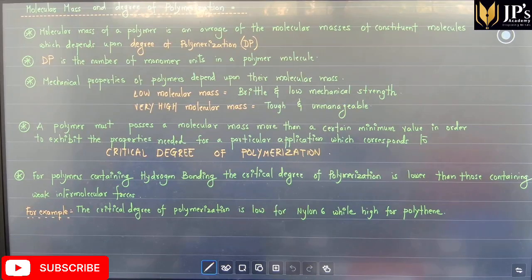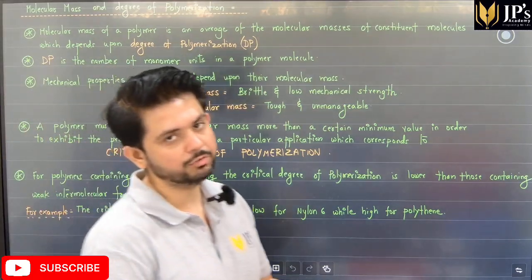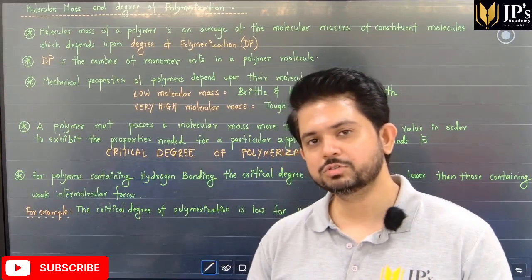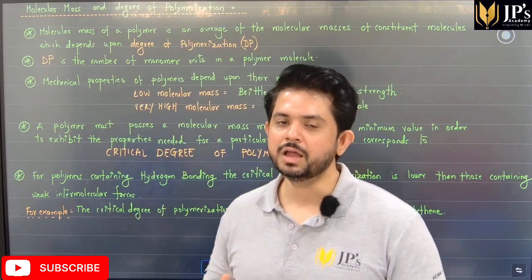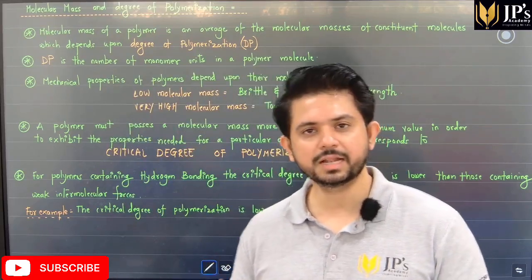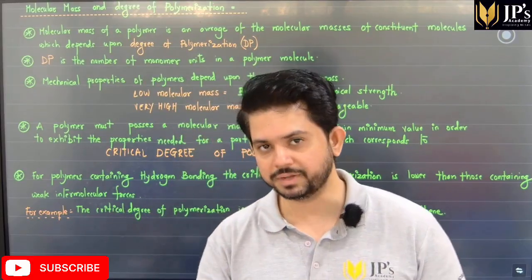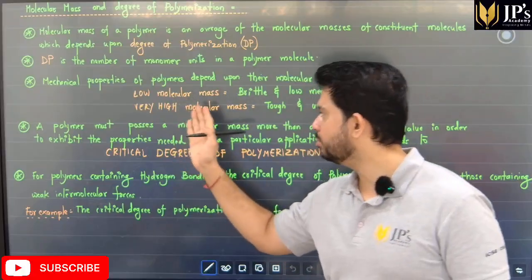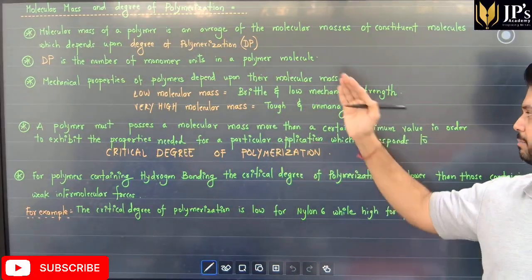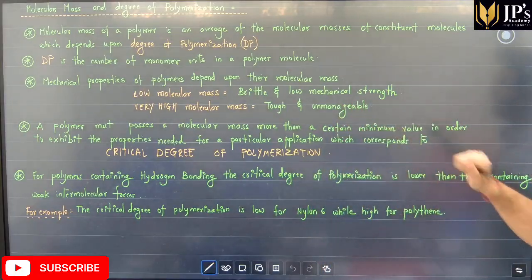Finally, students, moving on to the last slide: molecular mass or degree of polymerization. Now, why is the molecular mass of a polymer very important? The mass of a polymer is nothing but the number of times that particular monomer unit has repeated. If your polymer has very low molecular mass, it can become brittle or have less tensile strength, low mechanical strength.